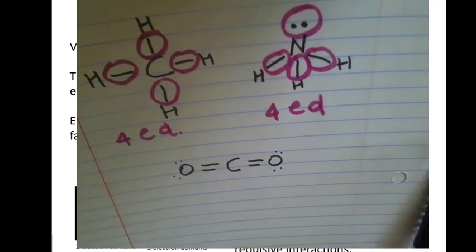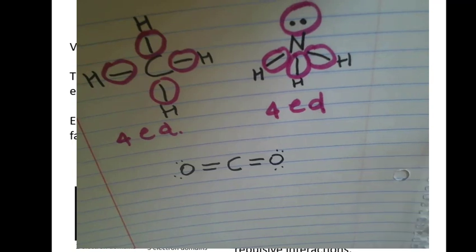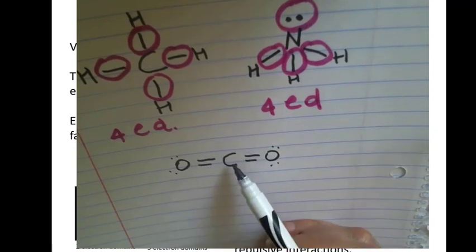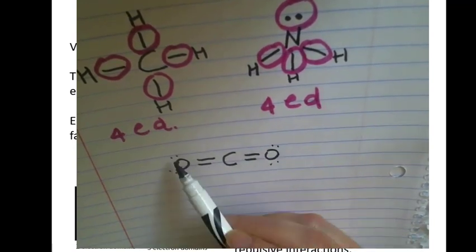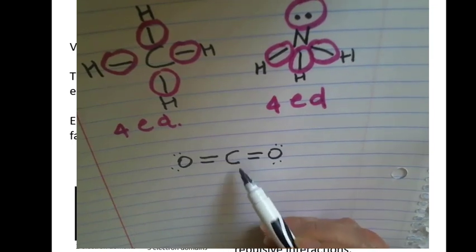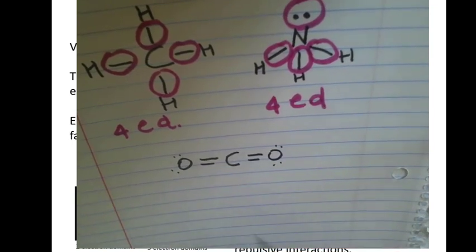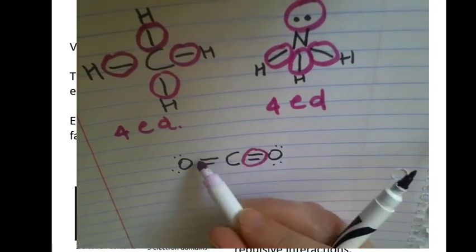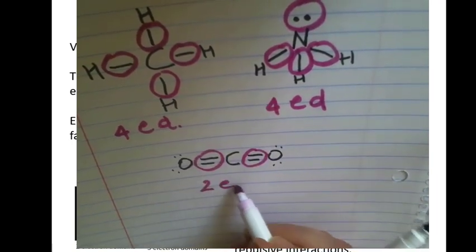Now, I am looking specifically at the electron domains surrounding the central atom. So I am just looking at what is around the central atom, not at these lone pairs. I'm looking at what is around the carbon, and I can see that there are two areas, 1 and 2. So this will have two electron domains.